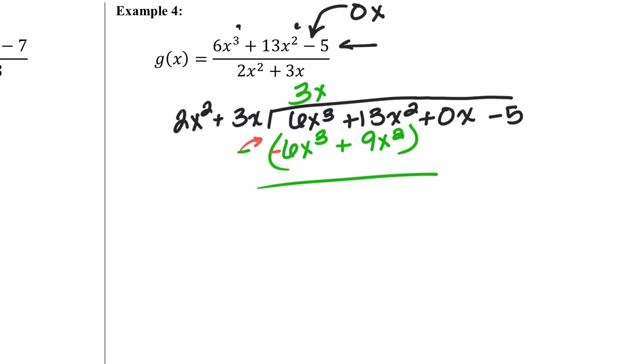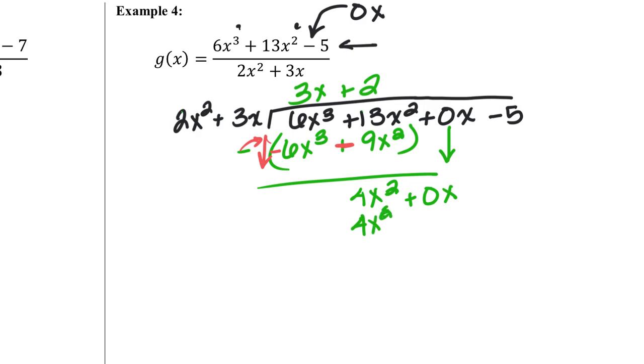Notice this becomes a negative and a negative. 6 minus 6 is nothing. 13 minus 9 is a positive 4x squared. And then bring down your next term, which happens to be a 0x. So 2 times 2 gives me the 4. x squared times 1, or nothing, gives me that x squared back. So I have a product of 4x squared.